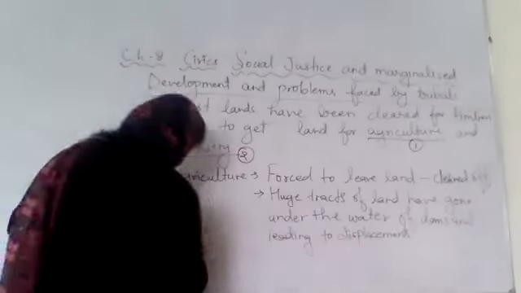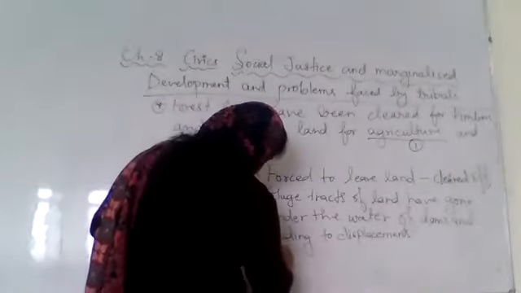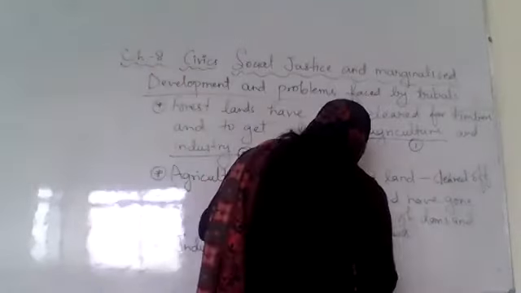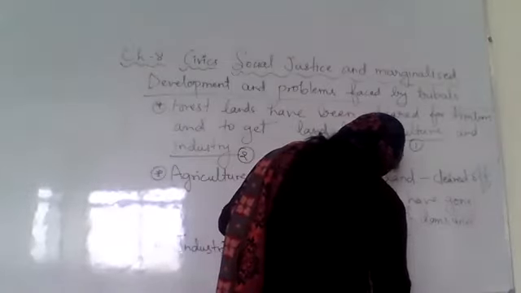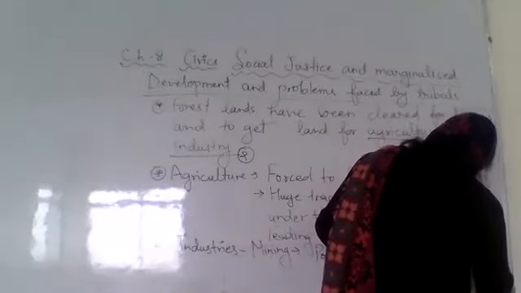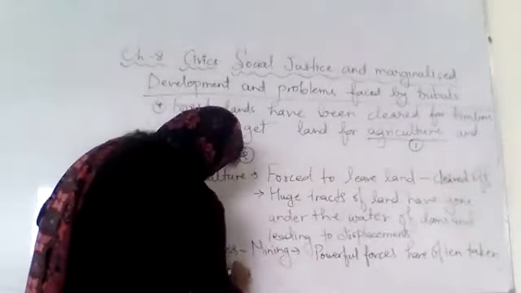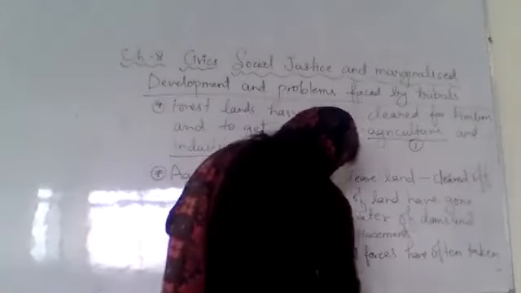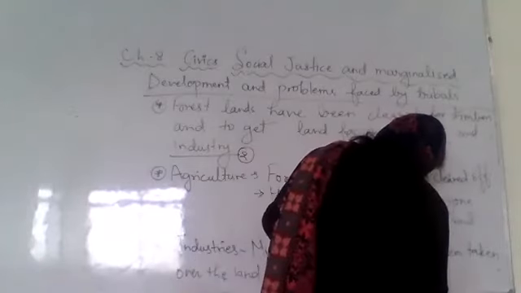Next was industries. So industries basically were doing mining. Like we just read that metal ores were there. So for that they were doing mining. And powerful forces have often taken over the land forcefully, and procedures were not followed.